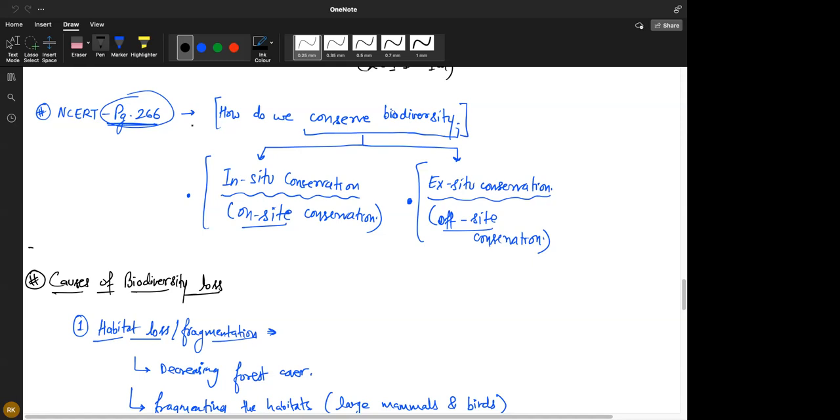When they reach reproductive age, they will try IVF and implant it back into the wombs. If it works, we can maybe revive the population to some extent. So that is also called an ex situ conservation technique.